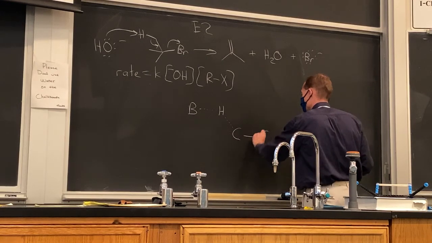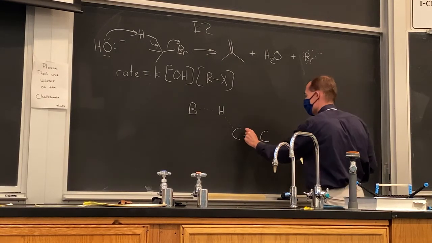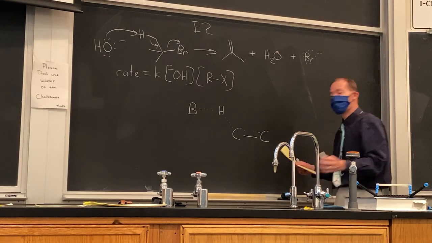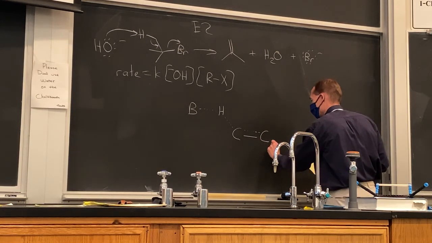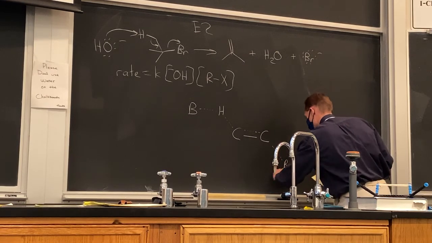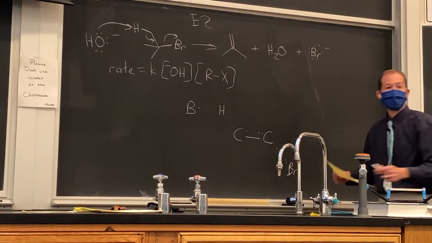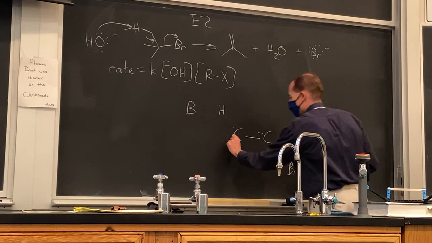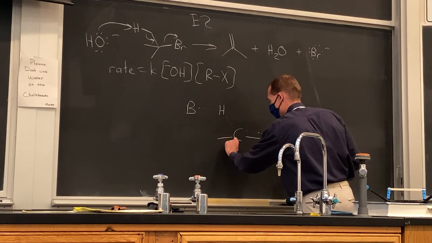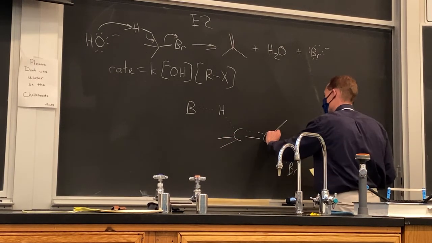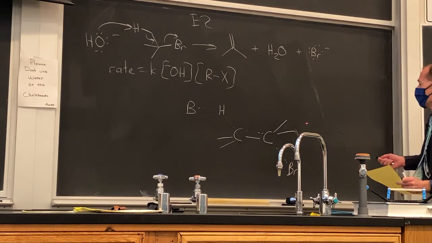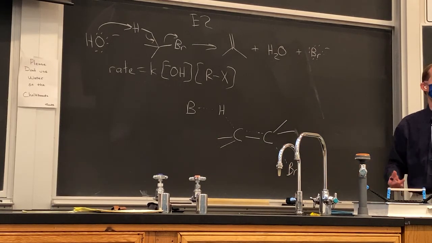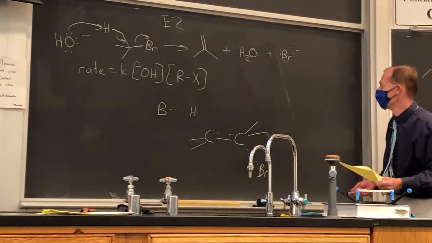We have a sigma bond between our carbons, but we also have a partial pi bond that is forming. And then we have a partial bond between the carbon and the bromine. And then, of course, we have other groups coming off of these carbons. I'm just going to draw those like this. These are not just methyl groups. They could be a combination of hydrogens and alkyl groups.